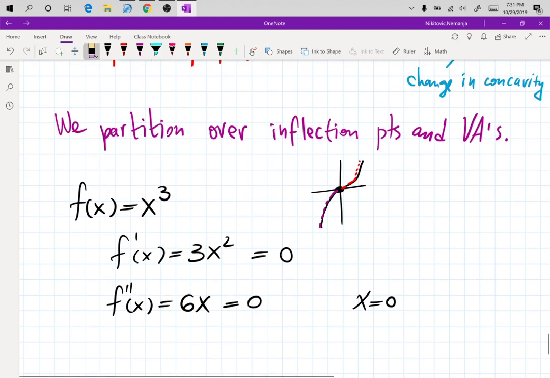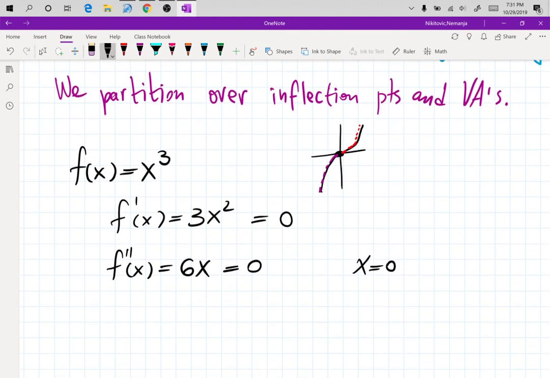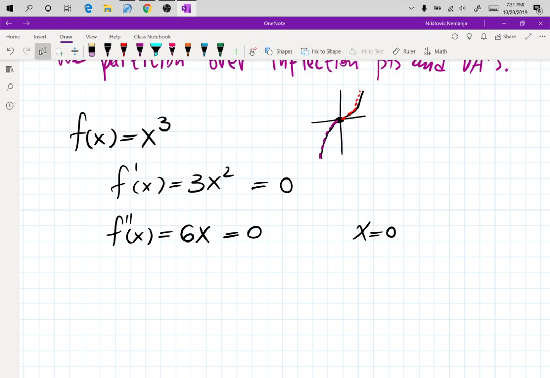So now for my x cubed, to just finish off this problem, since I have the inflection point at 0, I will partition at 0 and choose the two test points at -1 and +1.